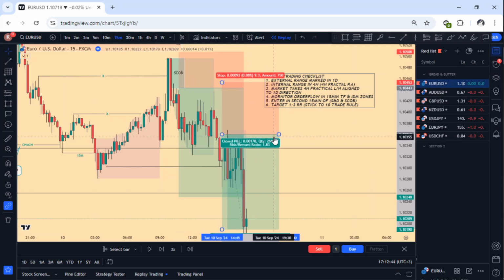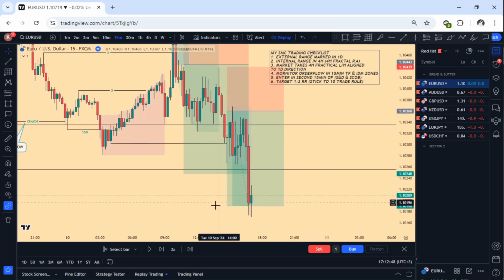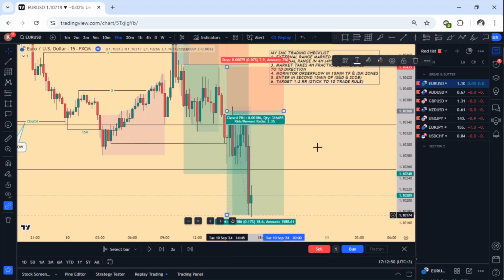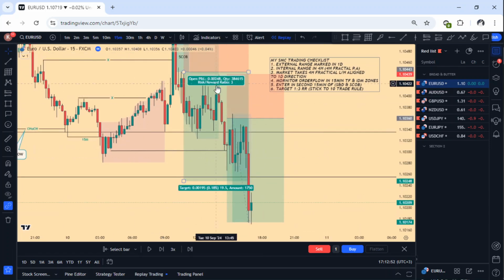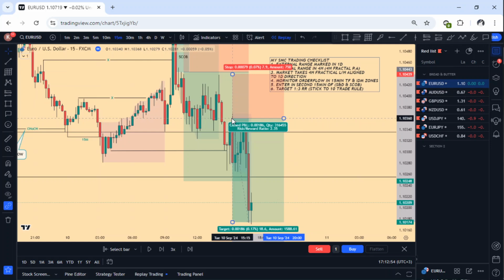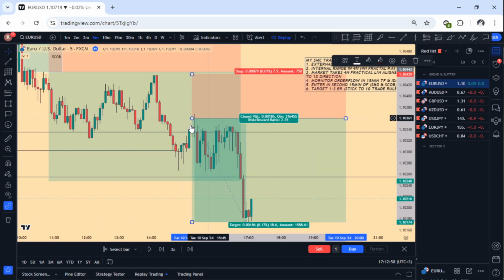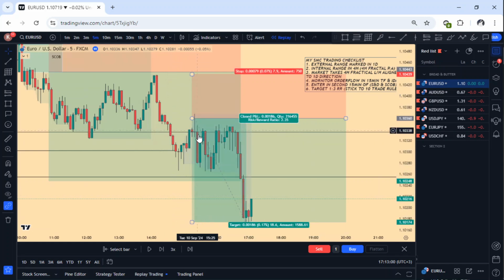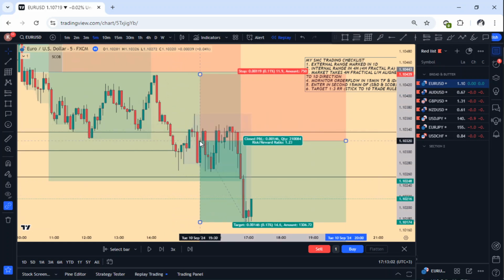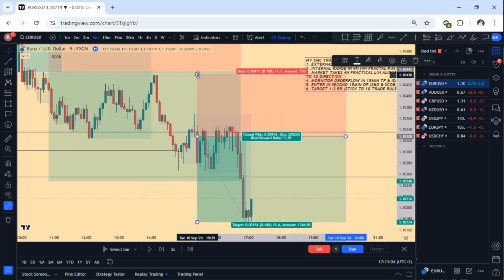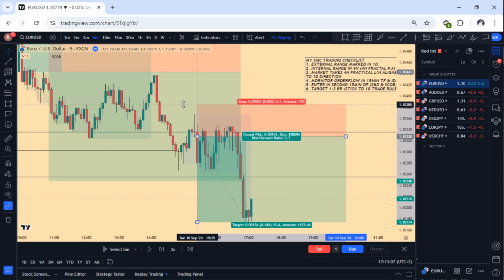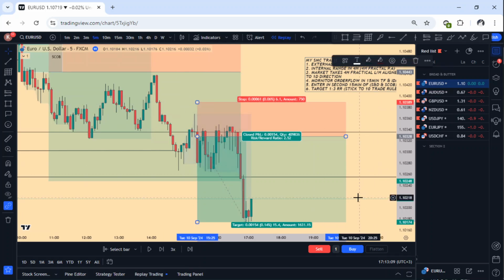So entry on anything above here and stop loss above here would have provided a good trade for a 1 to 3. But obviously you wait for market to pull back. One of our members took it. You wait for market to pull back and give you a 5 minutes scope, which is here. Then you can get somewhere here for a 1 to 3.